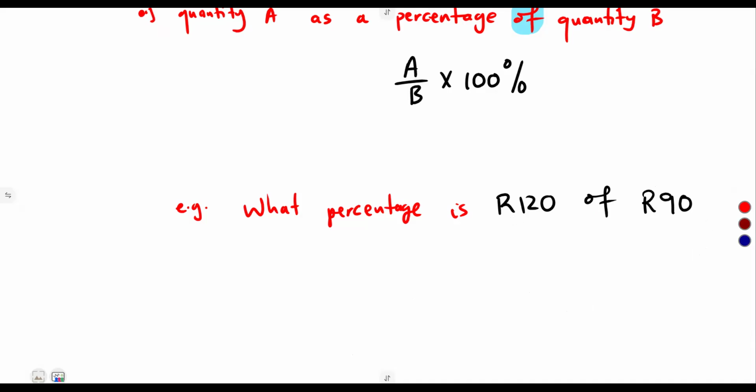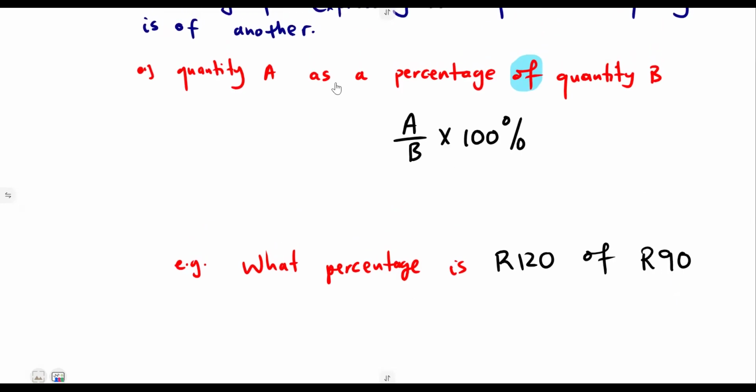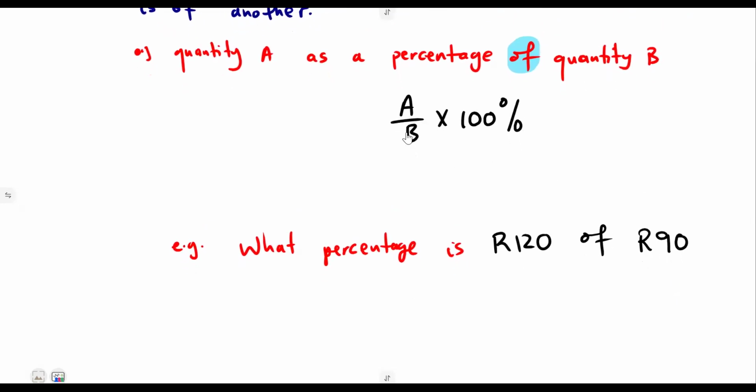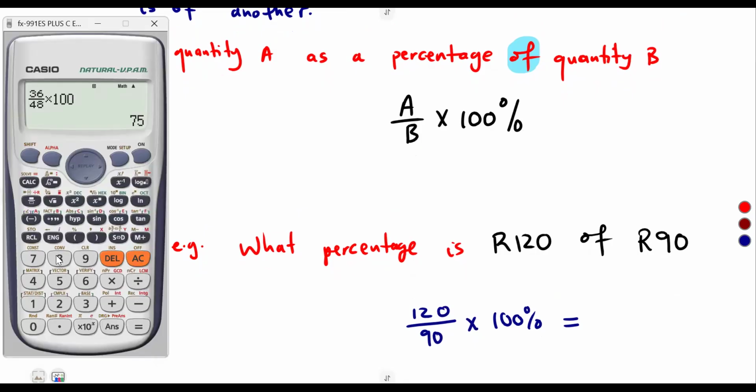A as a percentage of B is A over B. So 120 over 90 times 100%, quantity A over quantity B. So we can have something that is bigger than 100% when you multiply 120 over 90 times 100%. This is going to give us 400 over 3.